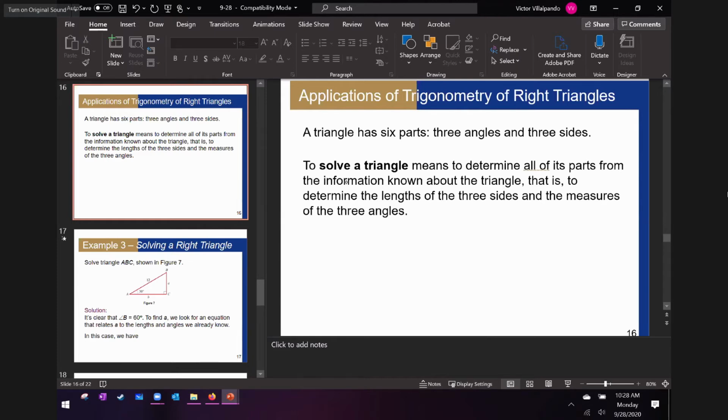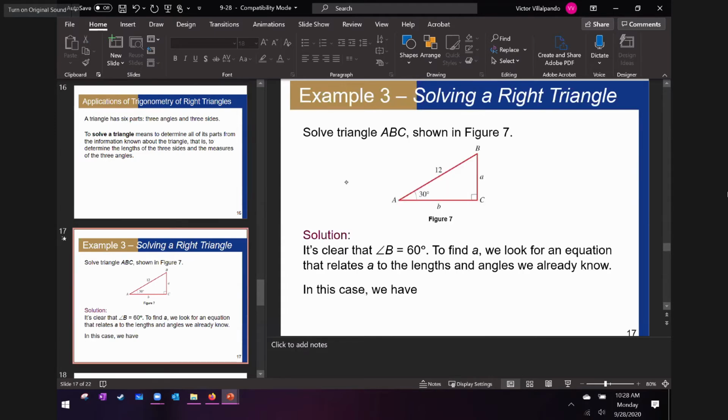To solve a triangle means to determine all of its parts from the information known about the triangle, that is, to determine the lengths of the 3 sides and the 3 angles.